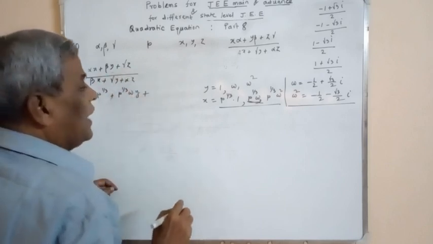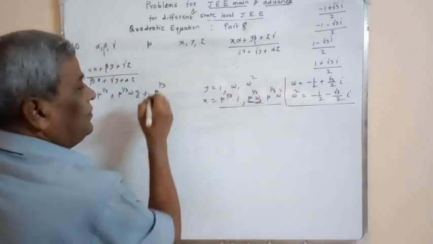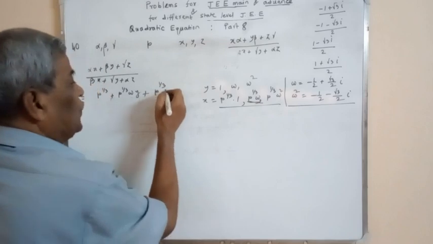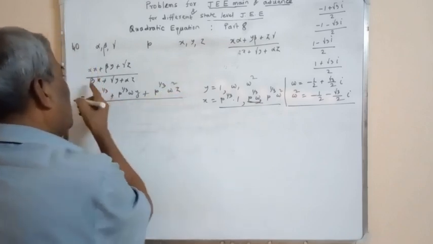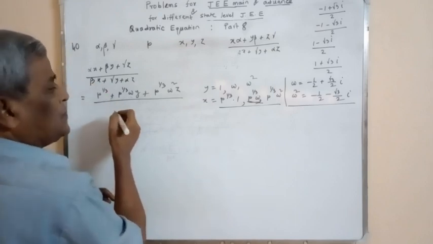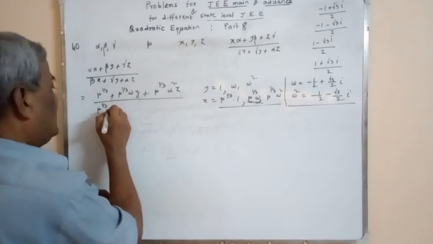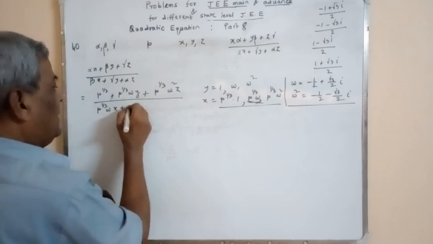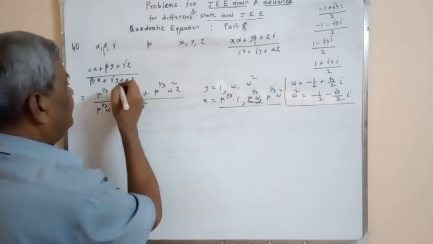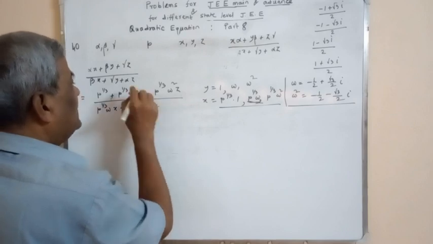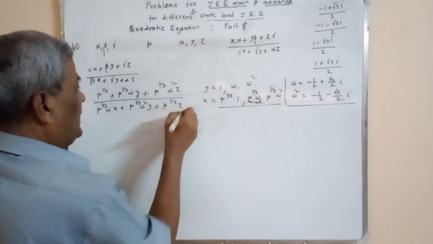Third root is gamma, that is this one, so p to the power 1 by 3 into omega square into z divided by beta x. Beta means p to the power 1 by 3 into omega x plus gamma p to the power 1 by 3 omega square into y. And third one is alpha, that is this, p to the power 1 by 3 into z.